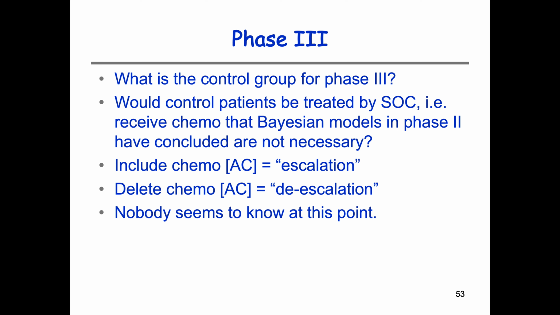But then if we're comparing a de-escalated treatment with the standard of care, which includes chemo, there's more than one difference between the two treatment groups. They don't differ merely by treatment. And that might be an inference problem and not lead to persuasive evidence. Anyway, nobody seems to know at this point among the people we asked.